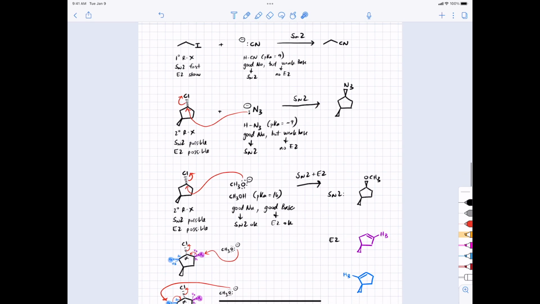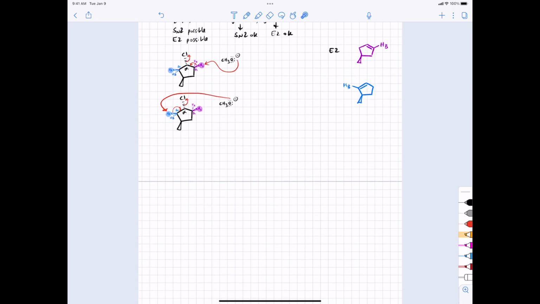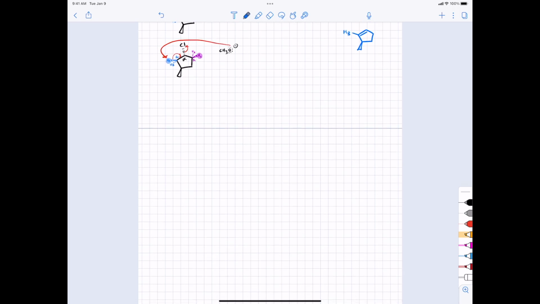All right. Let's deal with a primary alkyl halide and a molecule that is both a good nucleophile and a good base.